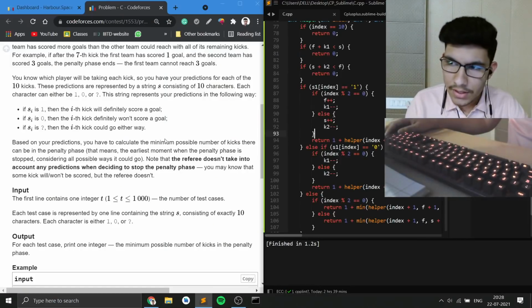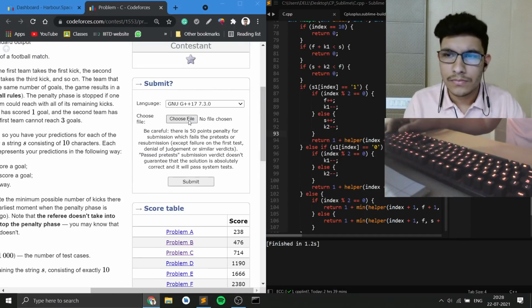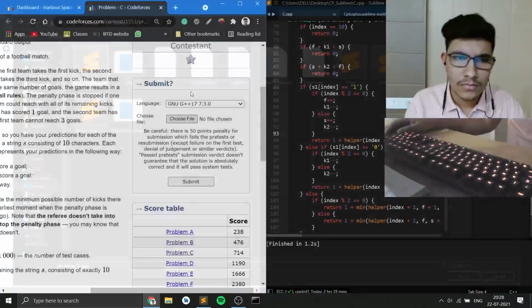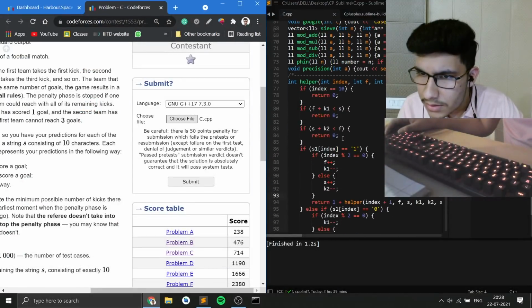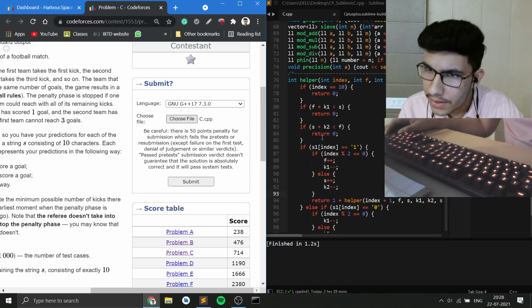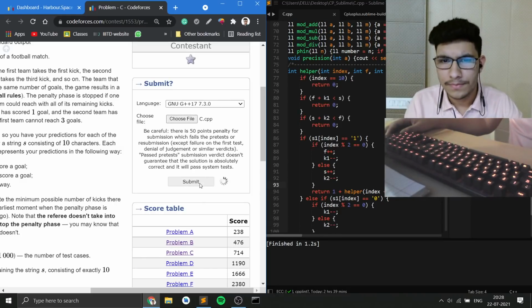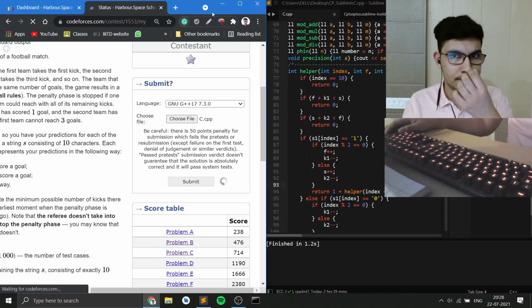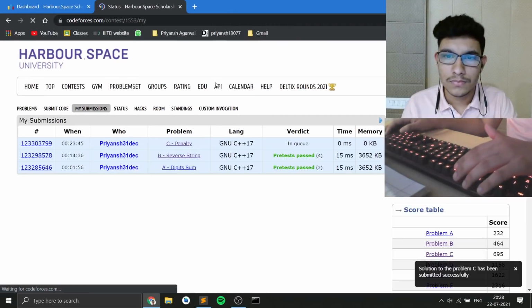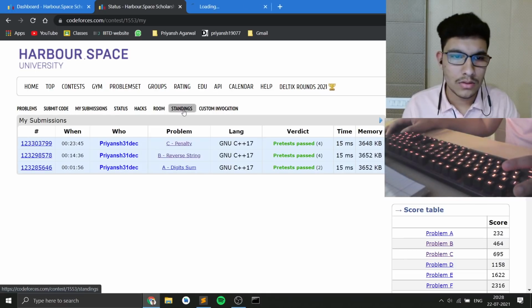So I have 7, 10, 6 and 9. This should be fine. Let me just test the base cases. F plus K1 is less than S, S plus K2 is less than F. Right, this should be fine. Okay, cool.